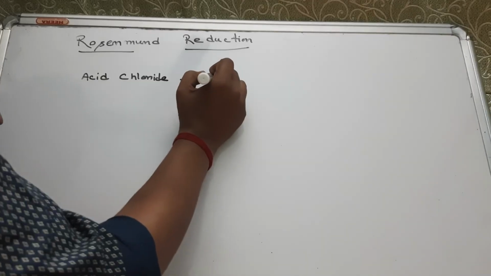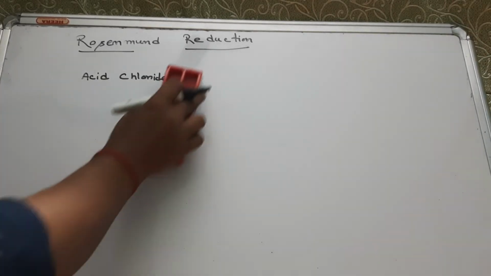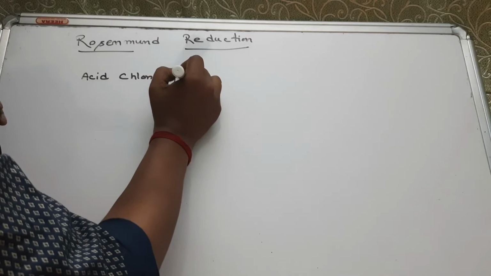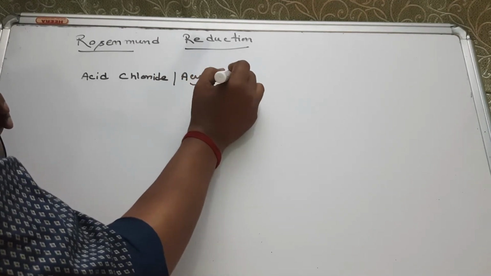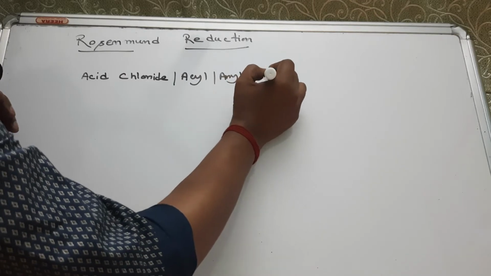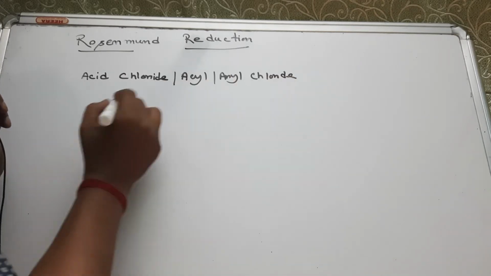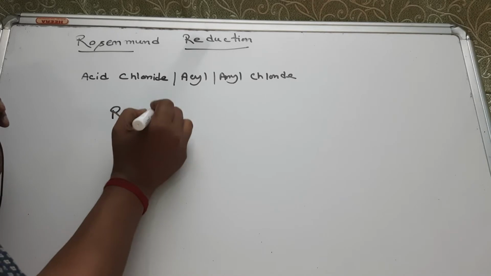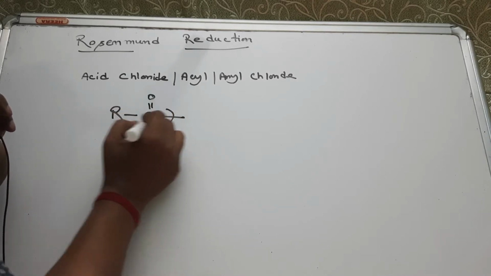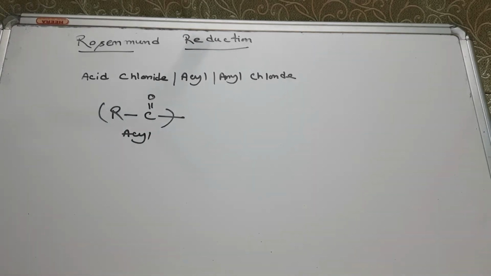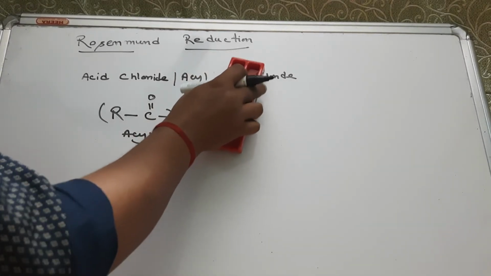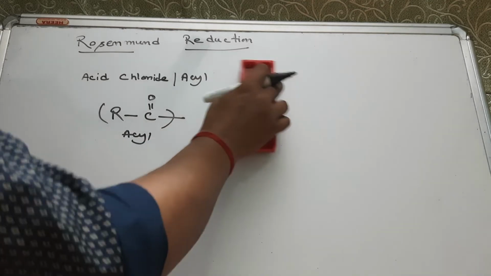Acid chloride means acyl chloride. This group, remember, is called the acyl group. This is not aryl actually; this is acyl chloride, so you will remember acyl chloride.